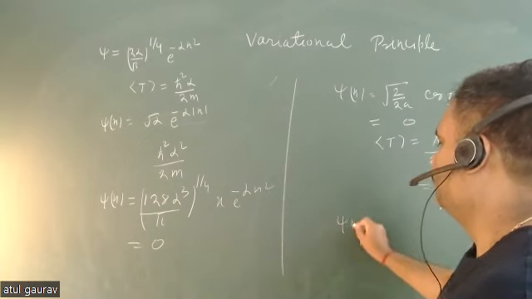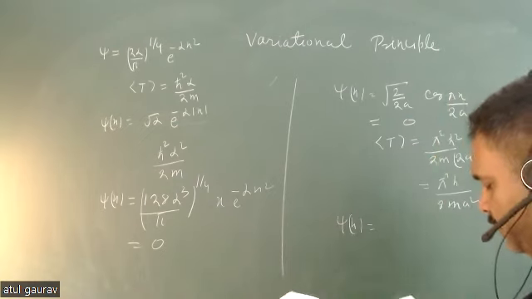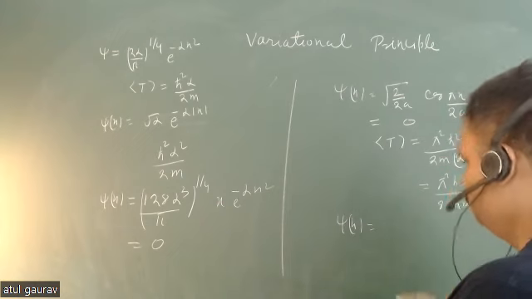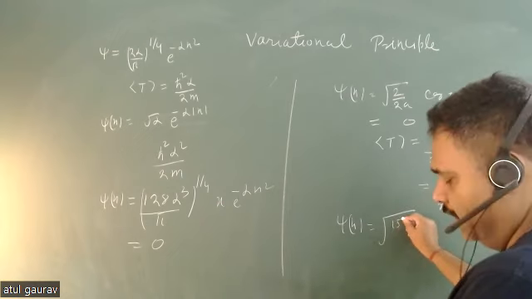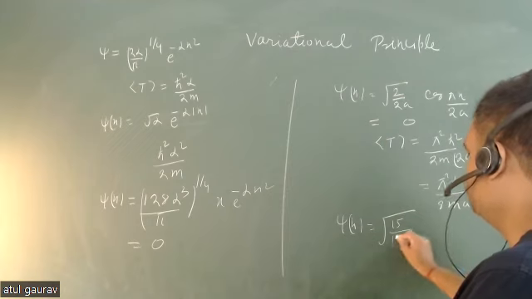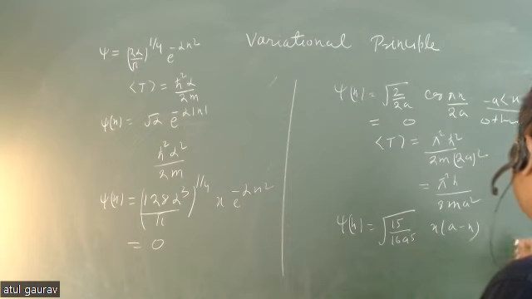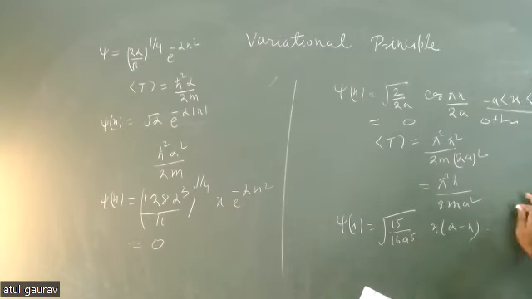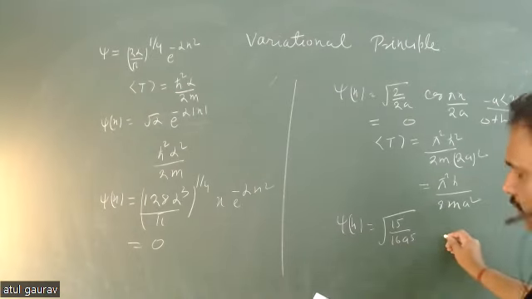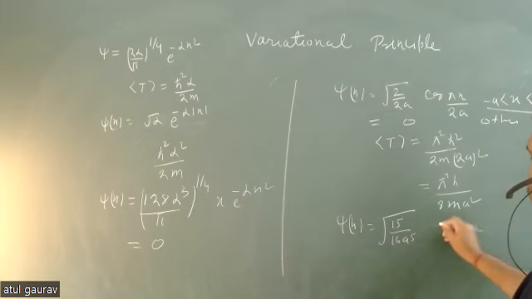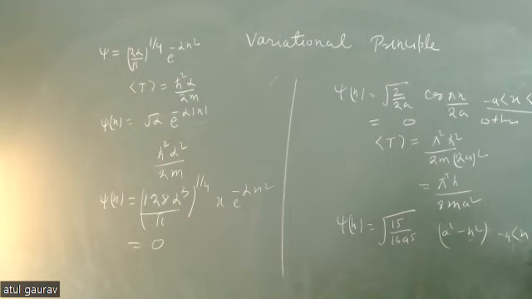And last, this is very important. This is basically root 15 upon 16 a to the power 5 times (a square minus x square), where x is between -a to +a and 0 otherwise.